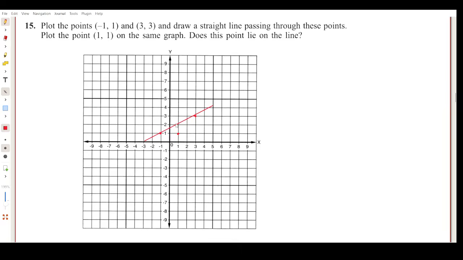So it's not lying on the line. The line goes through minus 1 comma 1 and 3 comma 3, and 1 comma 1 is not on it. Answer is no. 1 comma 1 does not lie on the line.